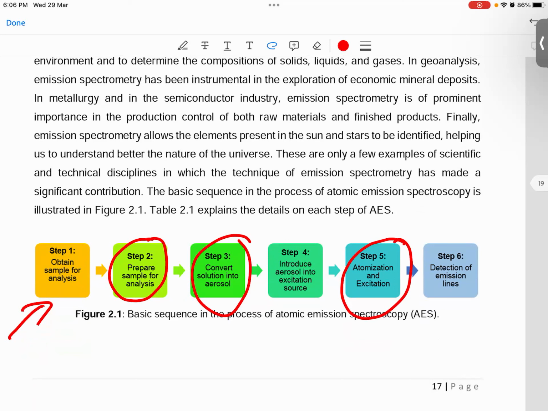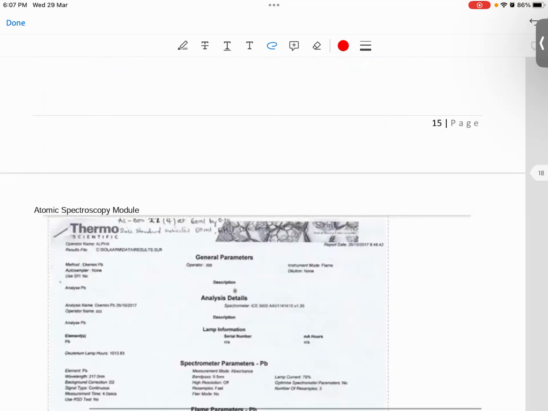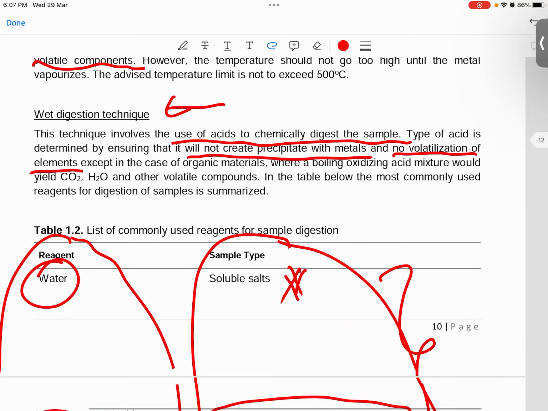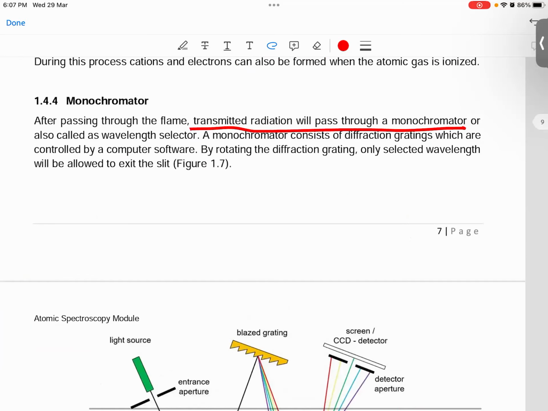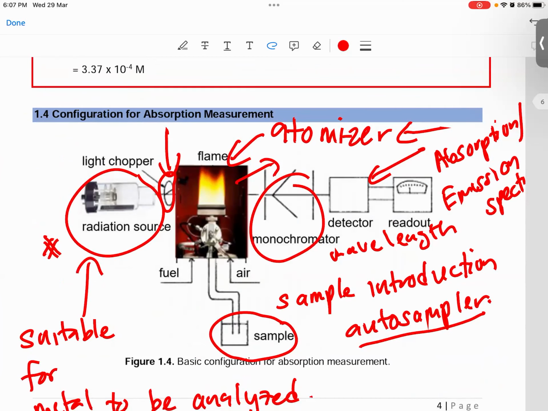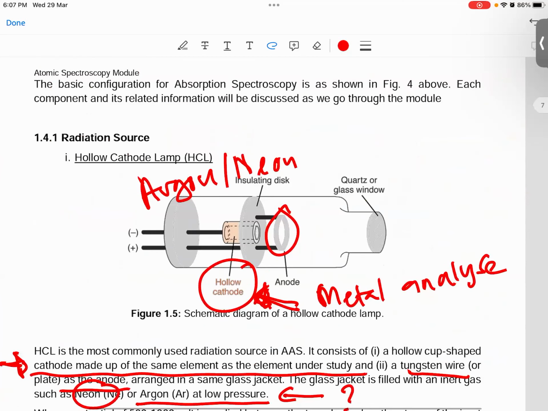If you remember AAS, the light emits emission that is received by the sample, and the sample is atomized in the flame. So it is called flame AES.